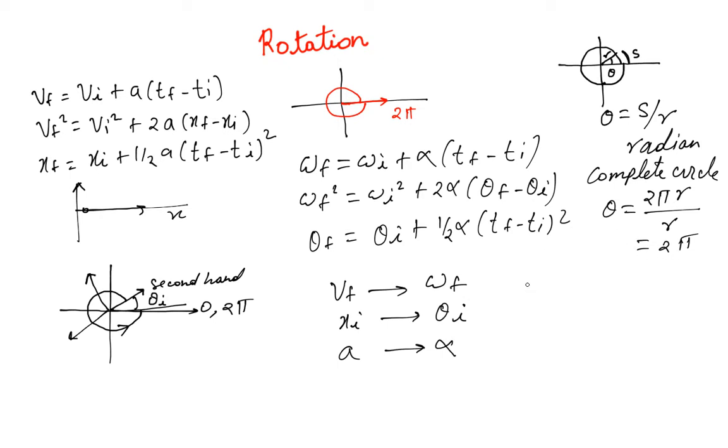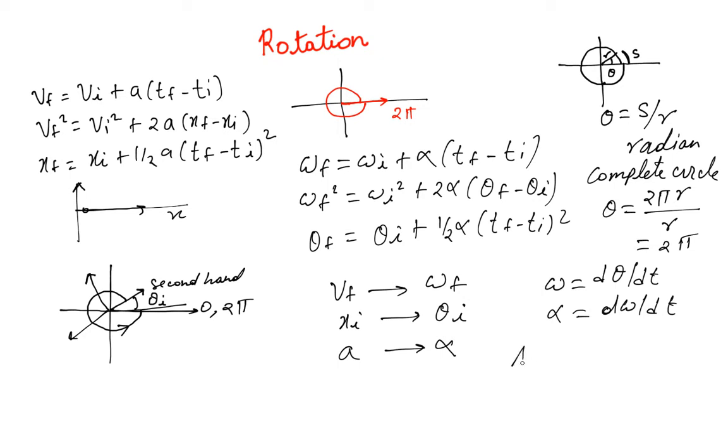Okay, and other definitions: omega is d theta over dt, and alpha is d omega over dt. That's the general definition.